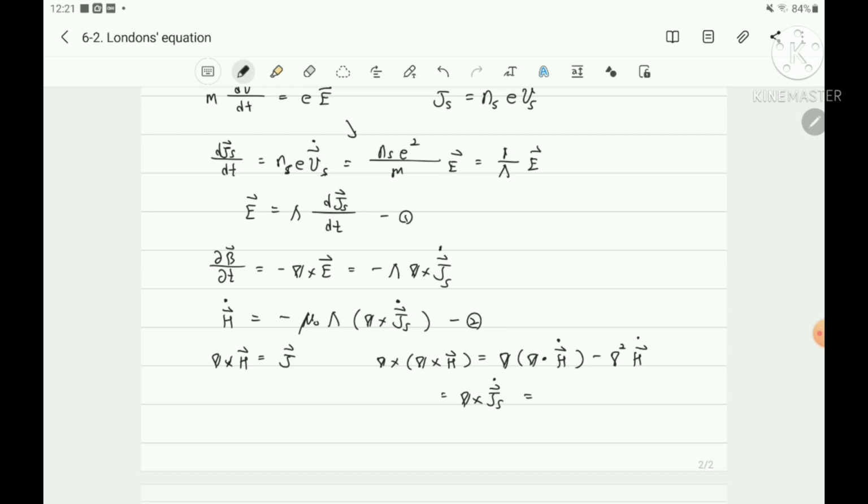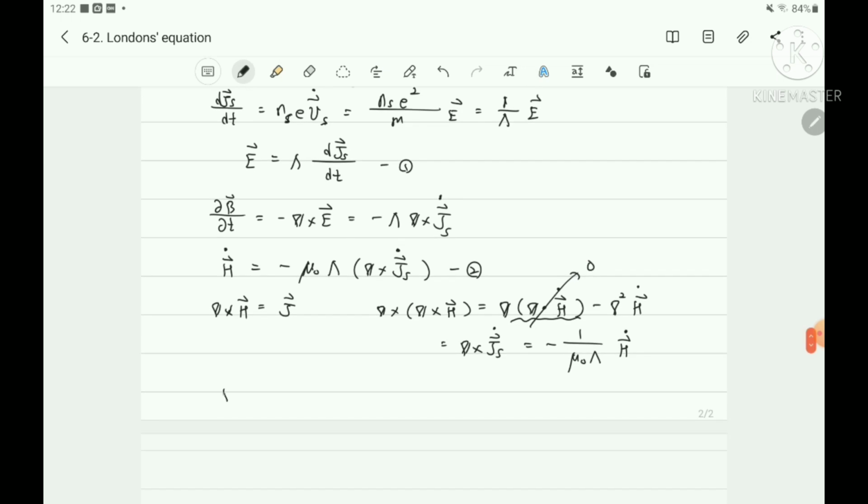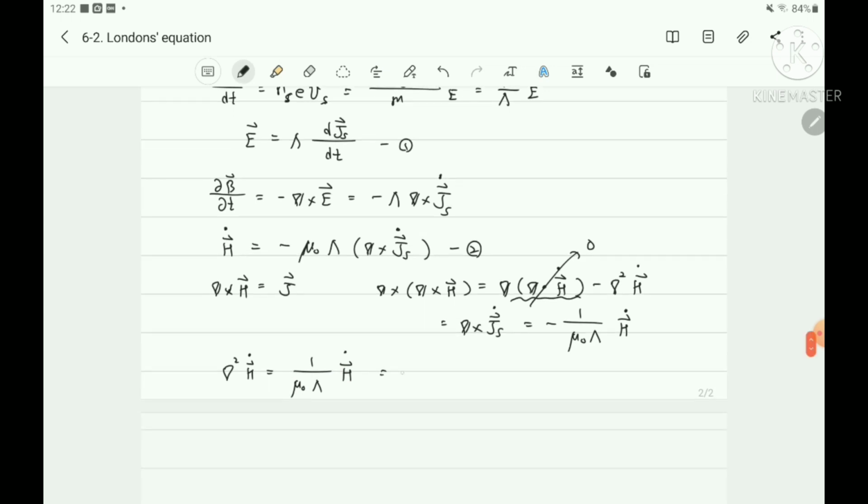From the second equation, curl Js is minus 1 over mu 0 lambda H dot. Because the divergence of curl is 0, finally the Laplacian of H dot equals 1 over mu 0 lambda H dot. Let's write it as 1 over alpha H dot.